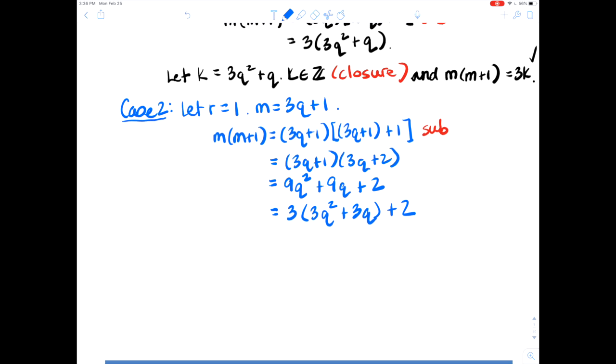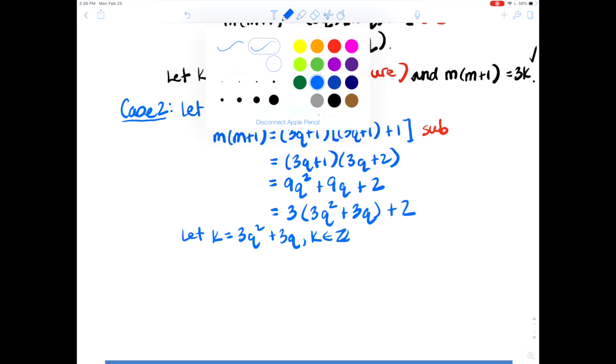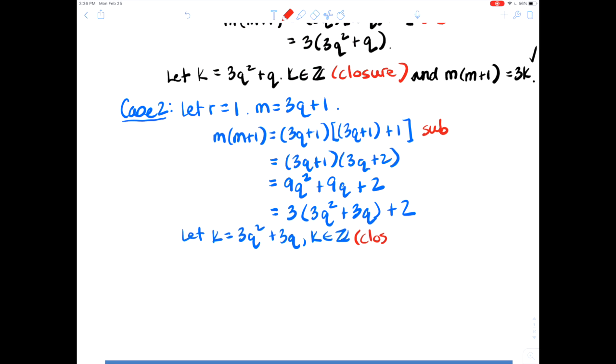So if we let k equal to 3q squared plus 3q, k belongs to the integers because of, you got it, closure, and what else? m times m plus 1 is going to be 3 times k plus 2. So that's case 2 shown.